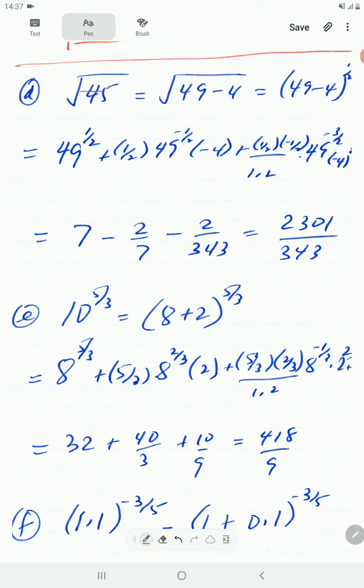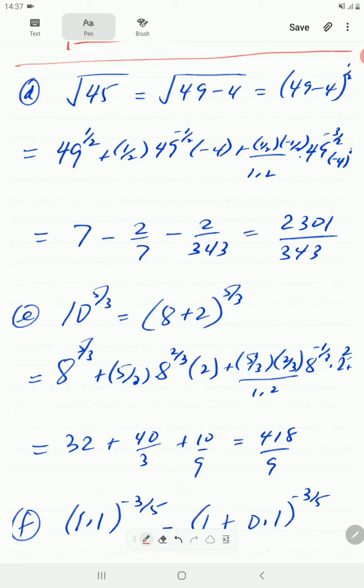45, square root 45, we've got to do here. So the closest square number is 49. So write this as 49 minus 4. And then so it's 49 minus 4 to the power half. So first term is 49. N is half, then N. Then we subtract 1 here.